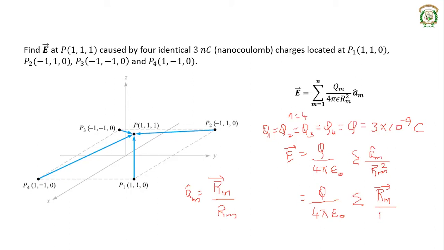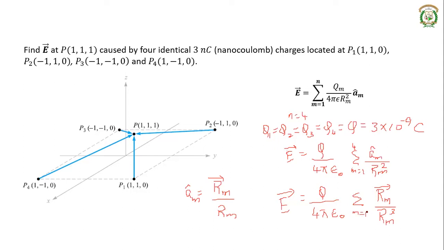So this will be the expression for E. Now our intention is to find this Rm and Rm cube. So what is m? m is from 1 to 4.